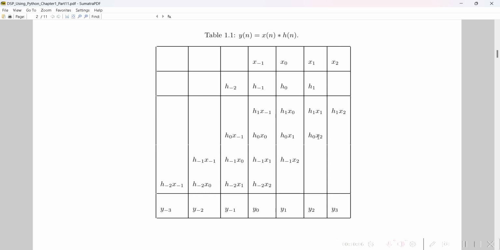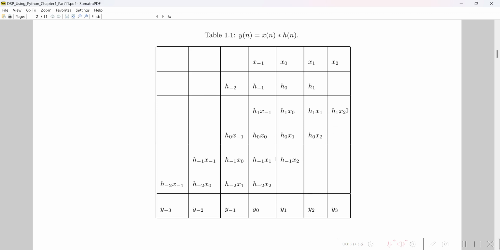In the next row, x2 plays with h0, x1 with h0, x0 with h0, x minus 1 with h0. In another row, again x2 with h minus 1, x1 with h minus 1, x0 with h minus 1, x minus 1 with h minus 1. And in the last row of the inner table, x2 with h minus 2, x1 with h minus 2, x0 with h minus 2, x minus 1 with h minus 2.